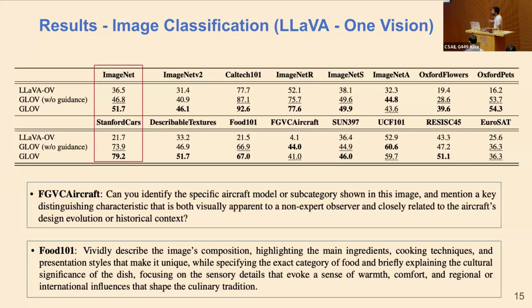For example, "Can you identify the specific aircraft model or subcategory," blah blah blah, and it also comes with a very verbose prompt for the food dataset. But somehow these prompts help the model classify the images in the dataset correctly.